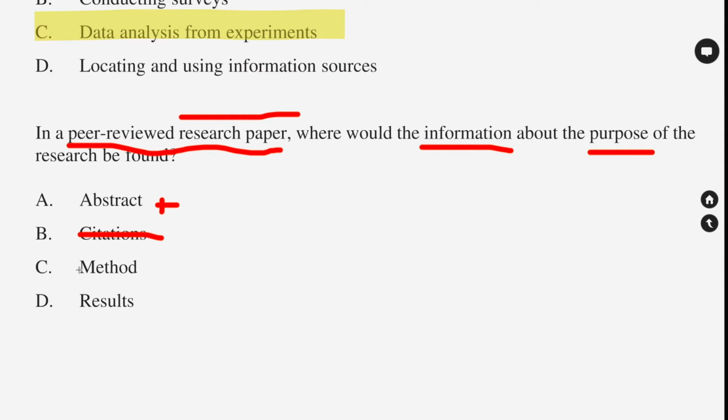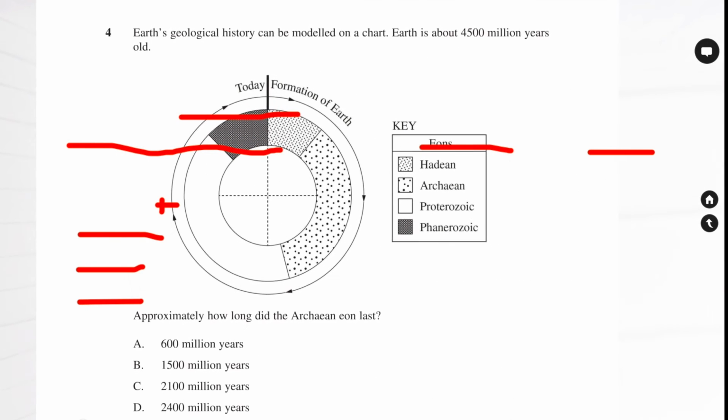Your method, well, that's describing what you did, so we're going to get rid of that. And your results are what you found. So essentially what we have now is that just by a bit of deductive reasoning, A is the correct answer, which is, of course, what it is.